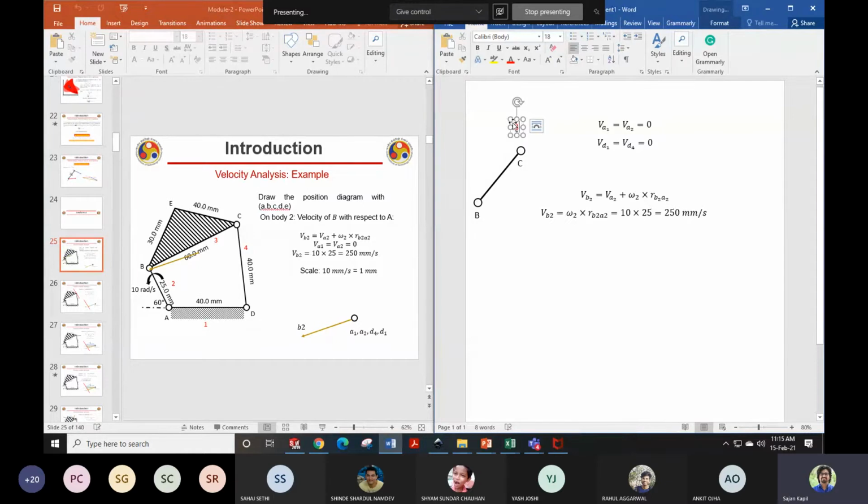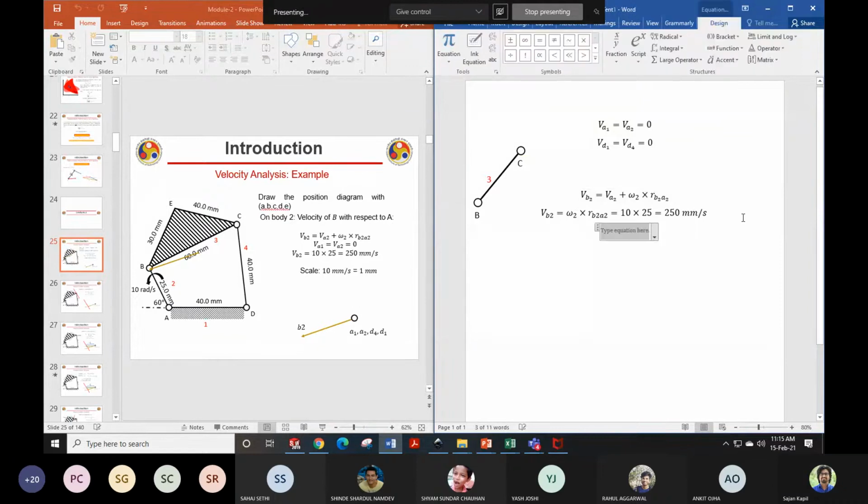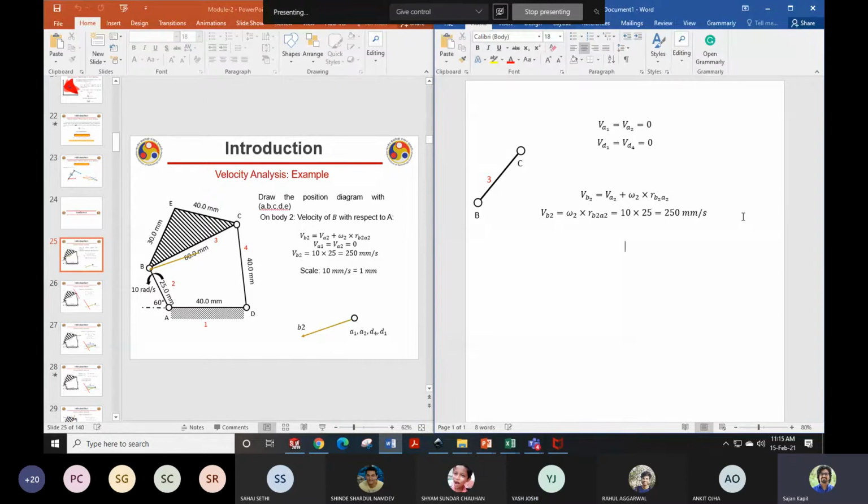Now I'm going to write the equation for finding the velocity of C when it is assumed to be on body 3. What will be the equation? Tell me the equation.